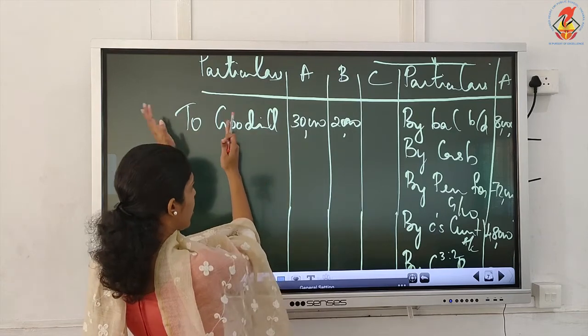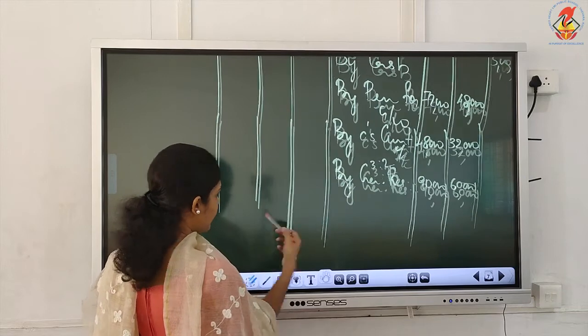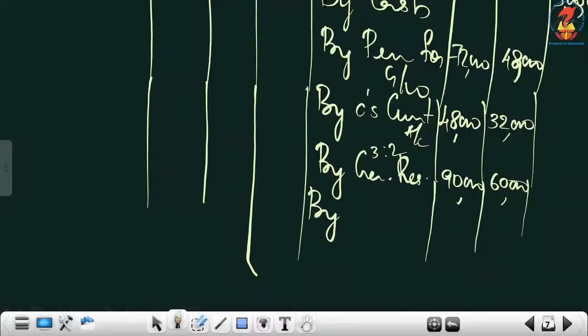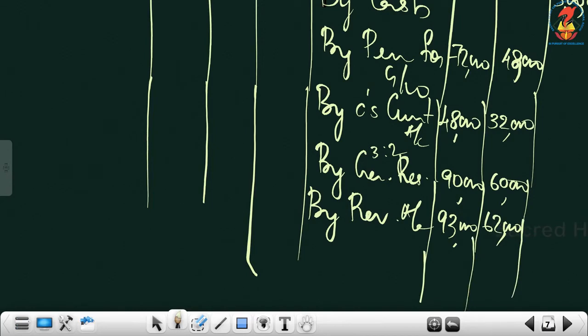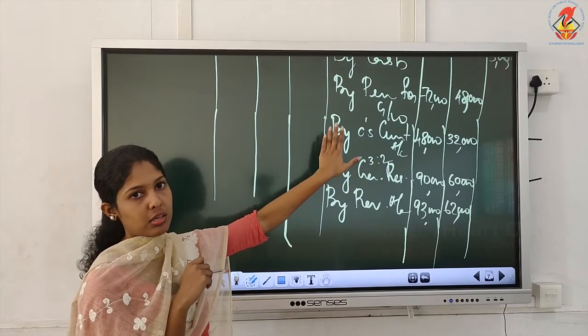So the profit we wrote on the debit side, transfer it to the opposite side. When you transfer, you have to take it to the opposite side always. So by revaluation account, you write those amounts from the revaluation, 93,000 and 62,000. Now all 4 steps we covered in partner's capital.